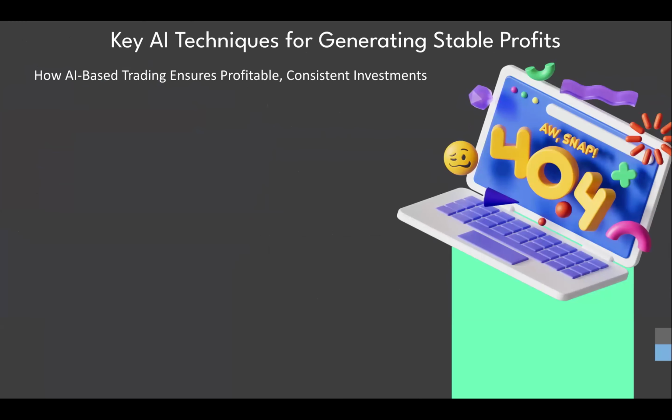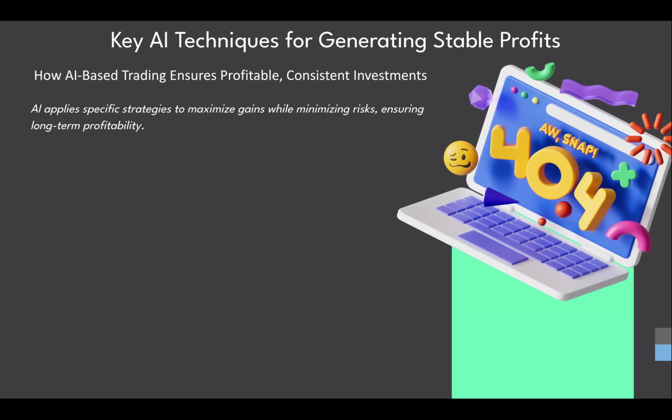One other thing I also want to talk about is the key AI techniques for generating stable profits. The major thing is how AI-based trading ensures profitable and consistent investment for you.